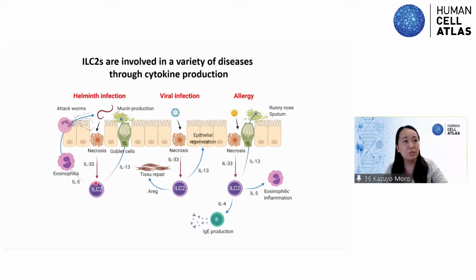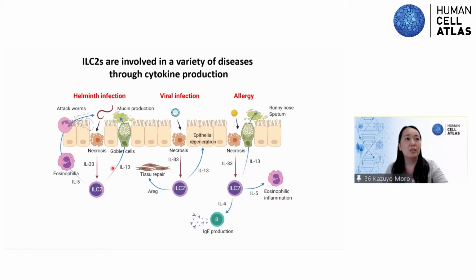So for ILC2, this IL-33 is very critical. And once ILC2 get stimulated, they produce IL-5 and induce eosinophilia, and these eosinophils can attack the worm. ILC2 also produce IL-13 and induce mucin production from goblet cells.